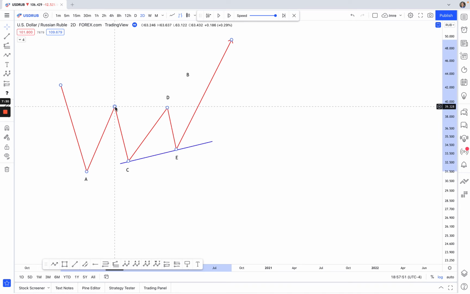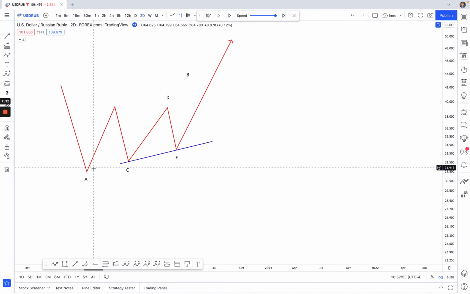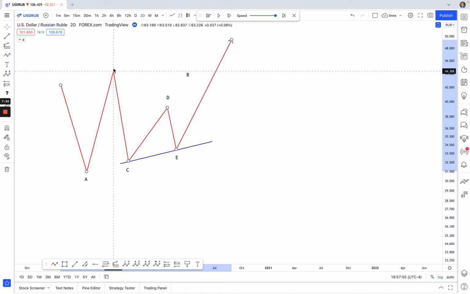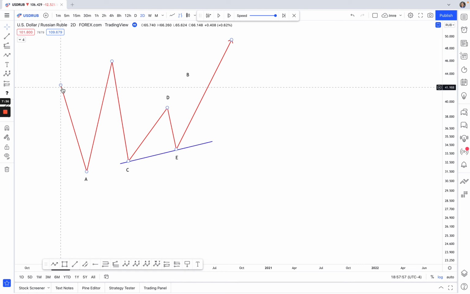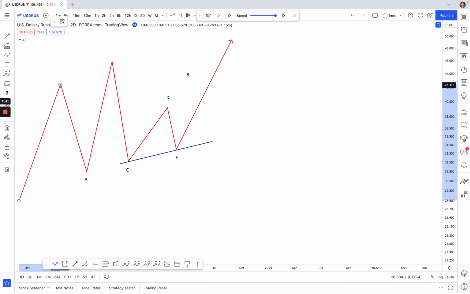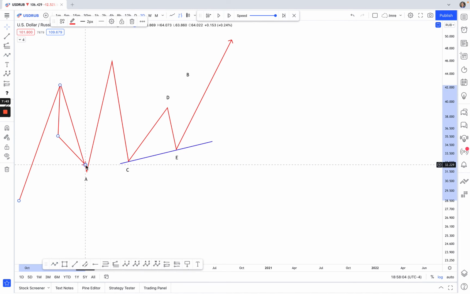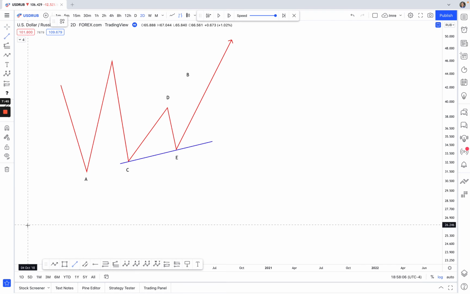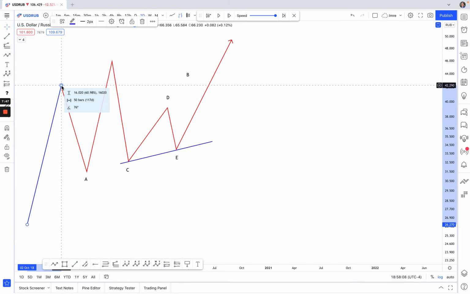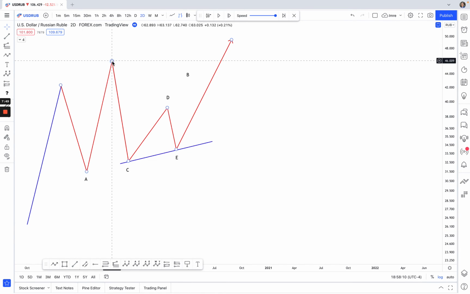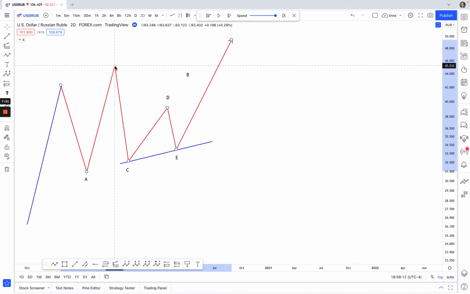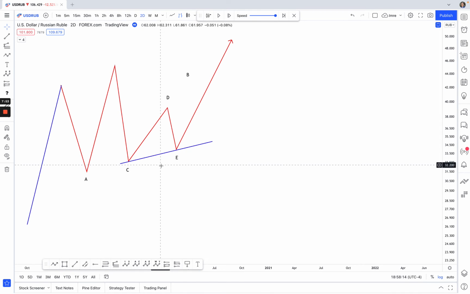So the running triangle, we have wave A down, but this time wave B goes above the start of the last wave. So if this is a wave 3 leading up into the triangle, you'll notice that wave B actually makes a new high. And this is why it trips people up, because most people, when they see this, they're going to go long.